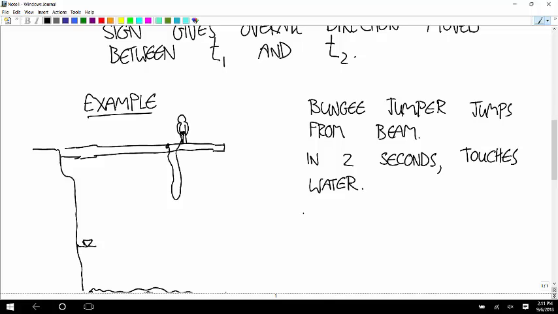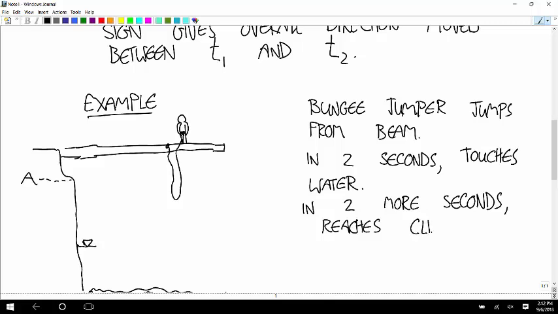In 2 more seconds, he reaches the height of the lower cliff. Call that point A. And finally, in 2 more seconds, he reaches the height of the nest.